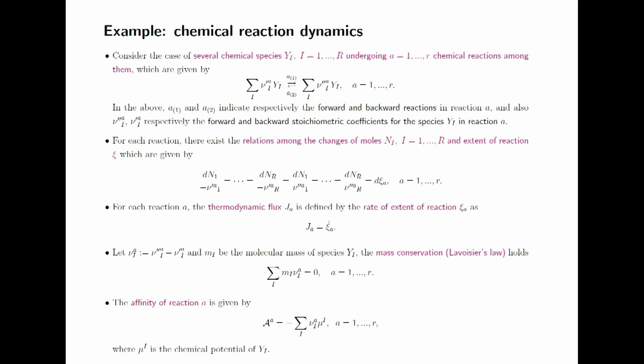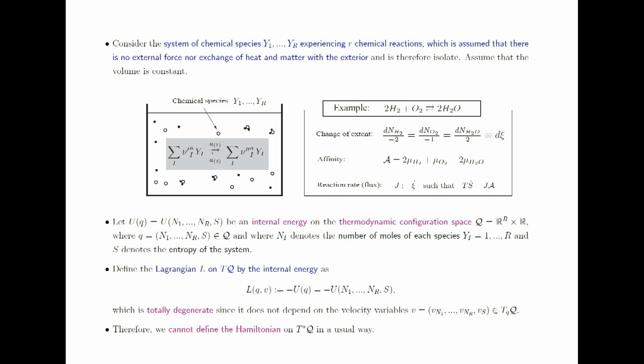So, for an example, maybe we need to just see what's going on. We consider the chemical reaction dynamics in which several chemical species undergo chemical reactions among them, like this. So this can be understood in the context of this setting.